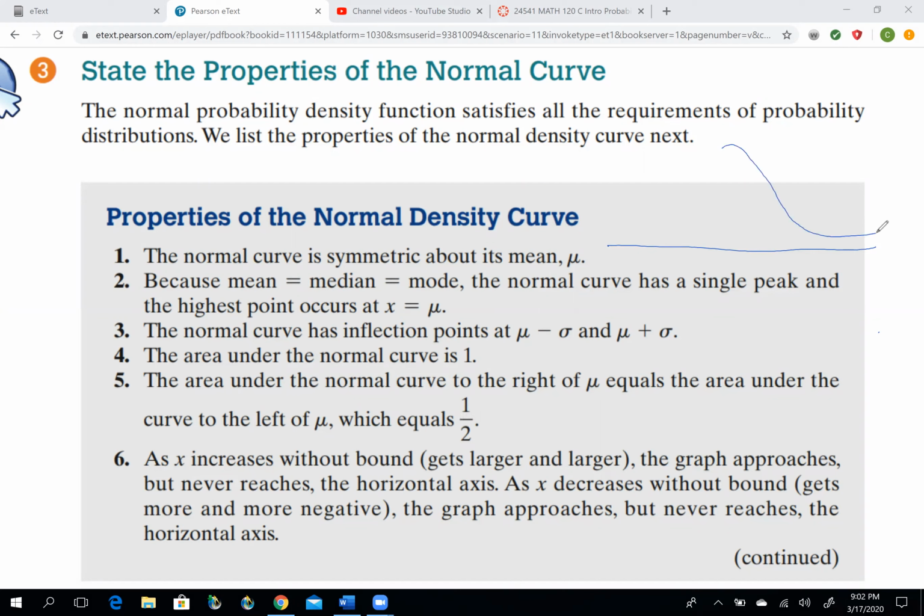Either we go to the right, x gets larger and larger, or to the left, more negative, the graph approaches but never touches the horizontal axis on both sides.